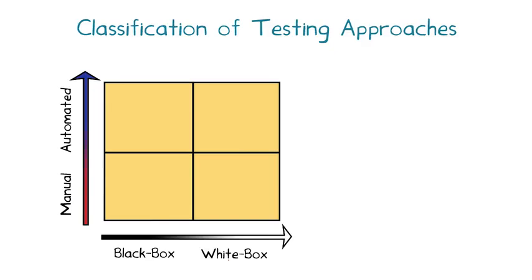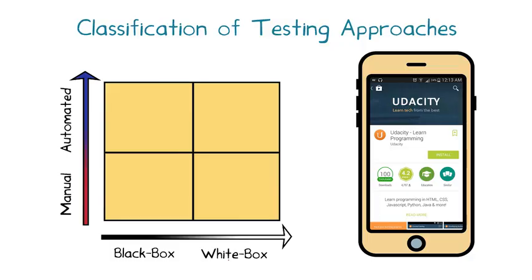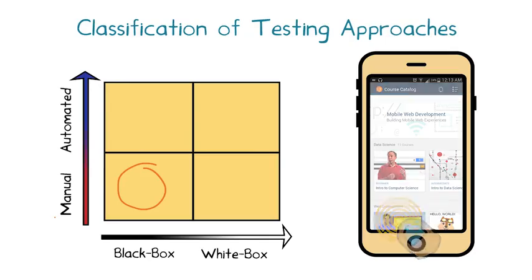Let's look at some specific examples of testing approaches and see where they fall along these two axes. One testing approach is for the tester to tinker with the observational behavior of a program. For example, exercise different GUI events of an Android app. This sort of testing would fall somewhere near the bottom left of this diagram, because the tester is only issuing commands to and observing outputs from the program under testing, and because this is done on a manual basis.